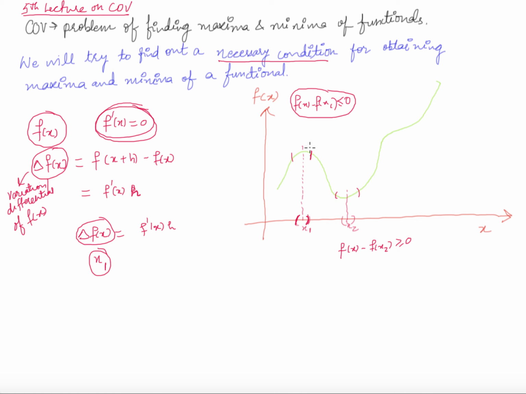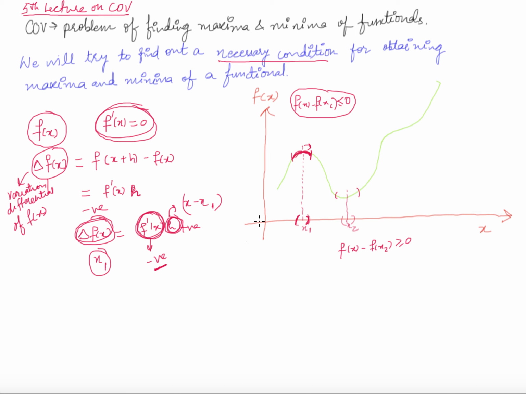Now, what is your h? h is actually x minus x1. So if you are on the right side of the neighborhood, x minus x1 is positive. You are saying that the variation is negative and h is positive, so it means that the derivative has to be negative.